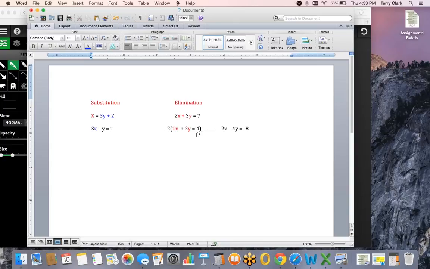And of course, the -2x here and the +2x here will cancel out when you add those two things together. So that's why it's got to be a -2 and not a +2, because a +2 will give you a 2x, and then 2x and 2x will double to 4x.